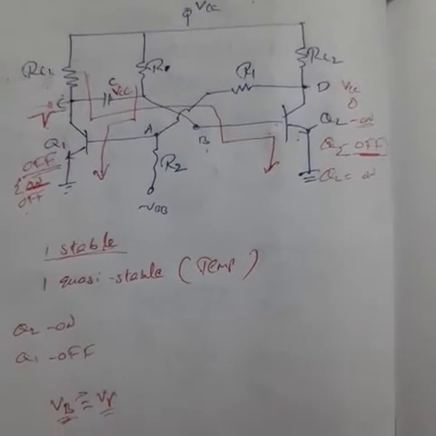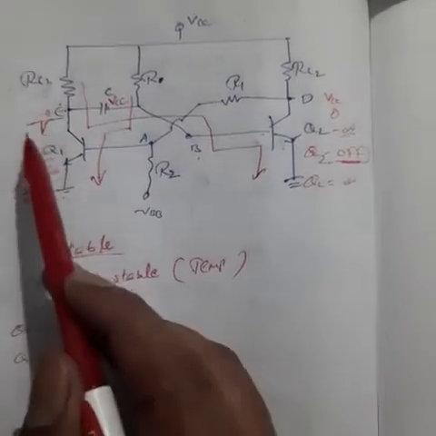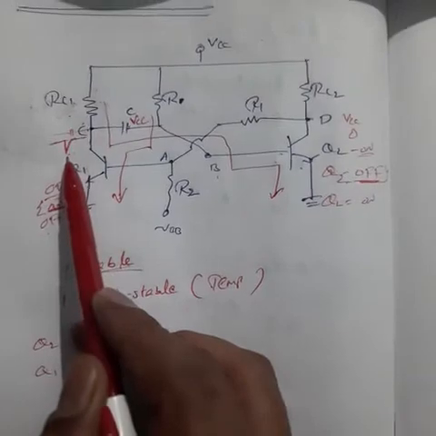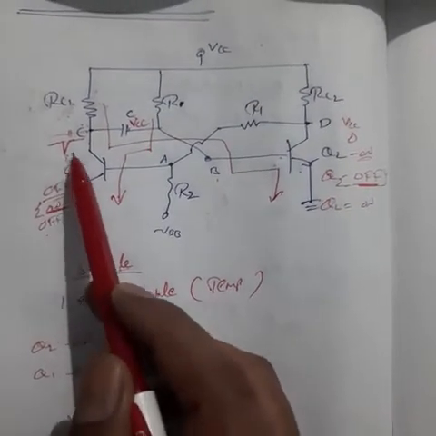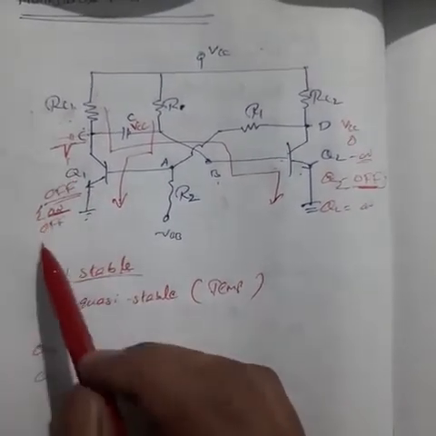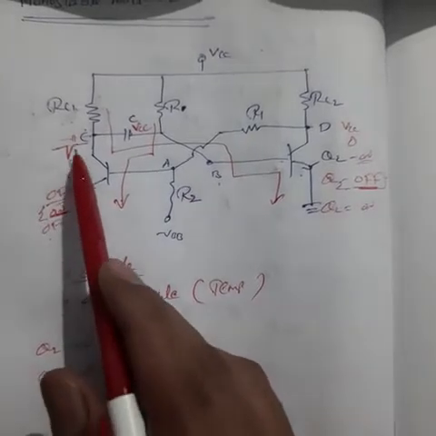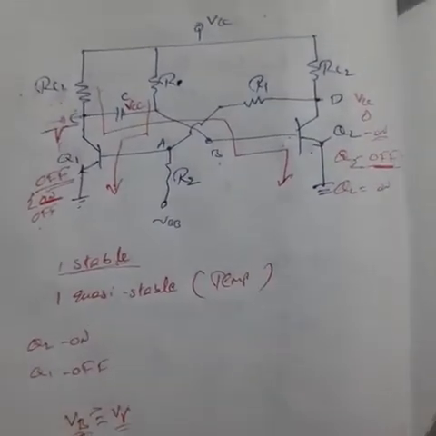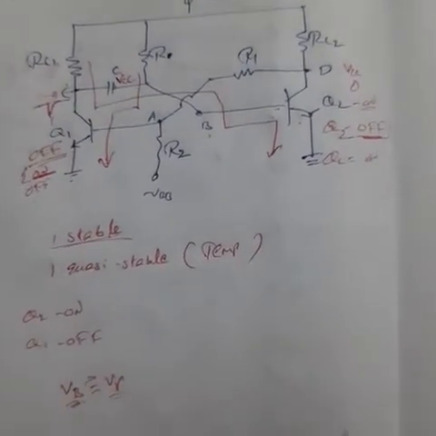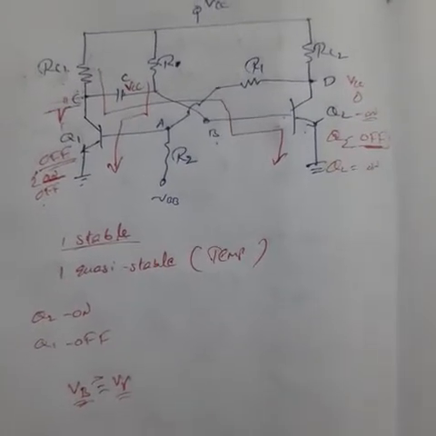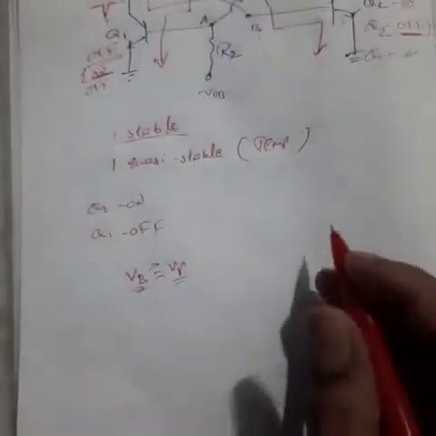We can move into the temporary stable state by applying a negative trigger pulse only. Okay, we can again come back into the stable state without applying any negative trigger signal. Okay, this is the operation of the monostable multivibrator. The output waveforms are like this. Let's see.